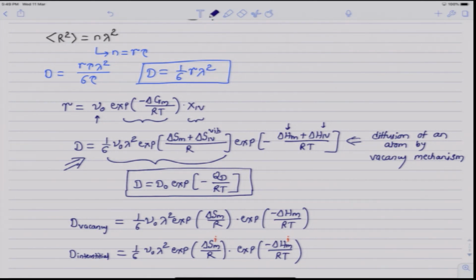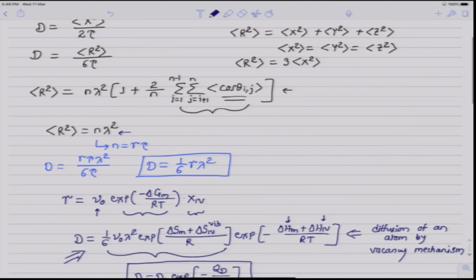This was true only when we are considering random walk. When the jumps are not random, then we need to use this more general expression here, that is we cannot take the average of cos theta ij as 0.